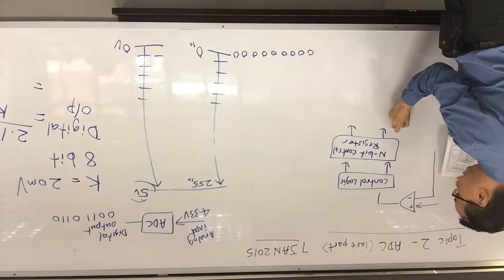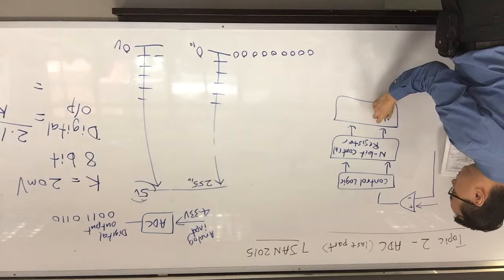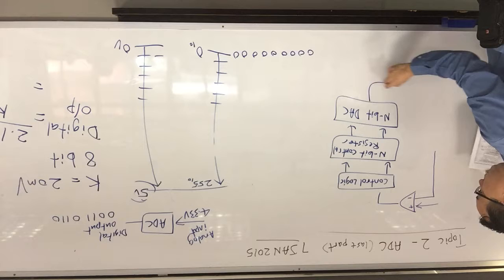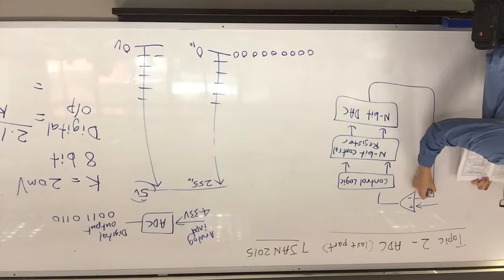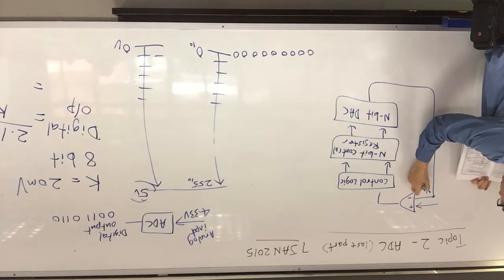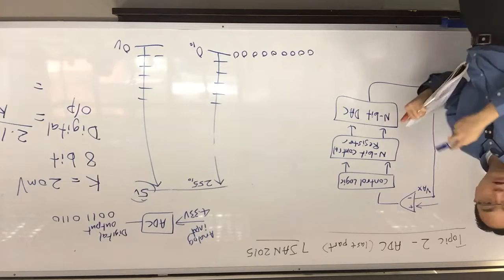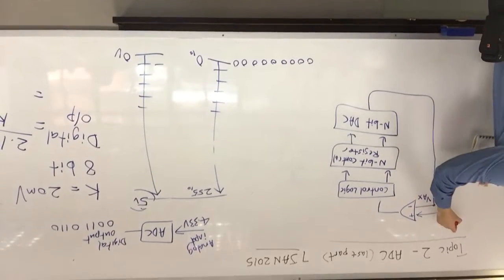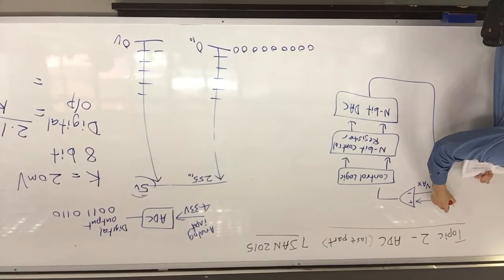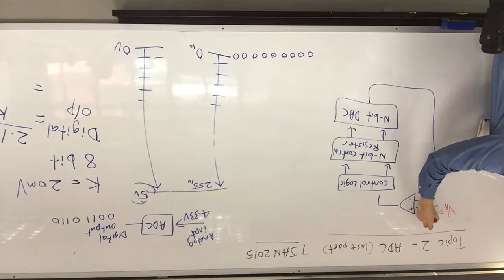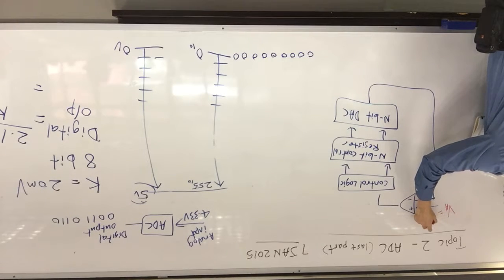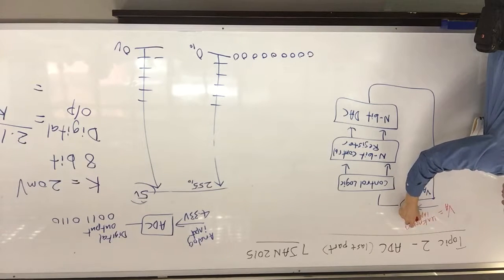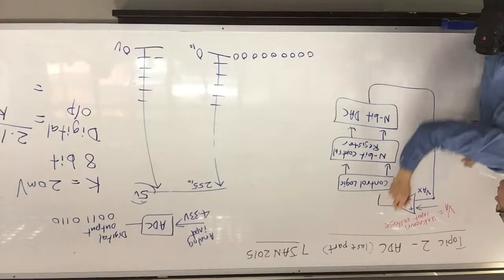Okay, now what you see here. The important thing is here. If you look at this diagram, this is the input, the unknown input.